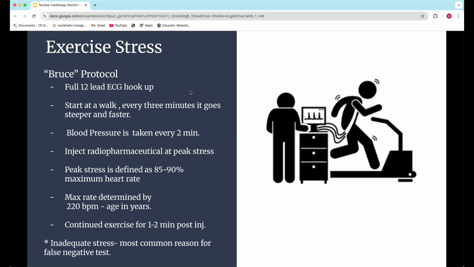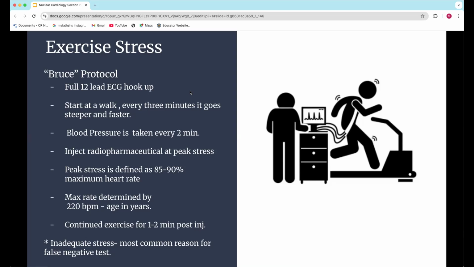It circulates through your system, and the cardiolite uptakes through the mitochondria, or whatever nuclide you're using, and it gets in there. Now, one of the biggest reasons for a common false negative on a stress test can be inadequate stress. When I say inadequate stress, we don't get vasodilation or correct vasodilation, okay? So that's why the protocols are set up the way they are, because they've done tests to ensure that there's vasodilation.